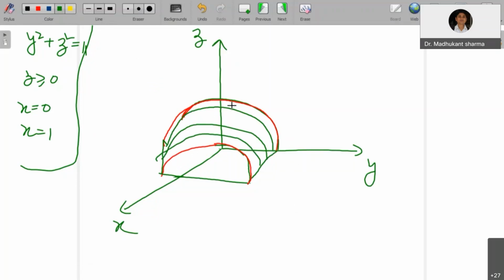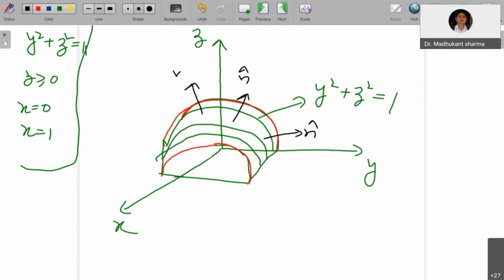Now this is a surface, y square plus z square equals to 1. And if you look at this surface, whatever point you start with, you can find that n cap will move continuously over the surface, the unit outward normal, whenever you take it at any point. It is very easy to observe.